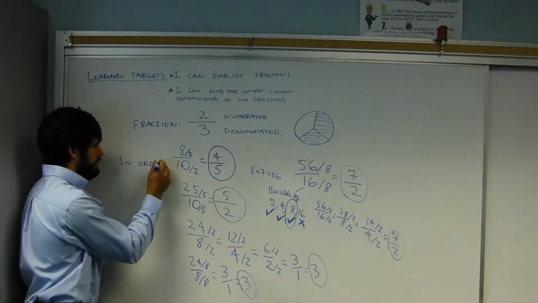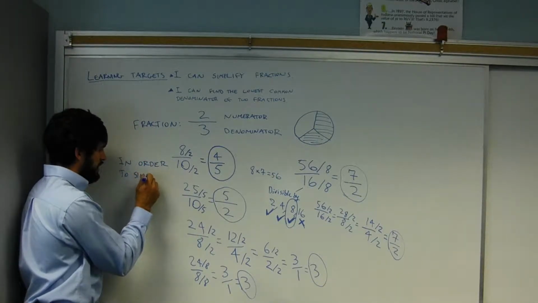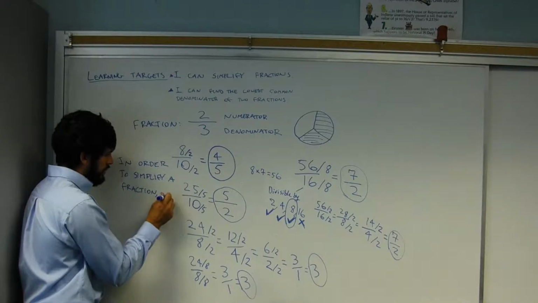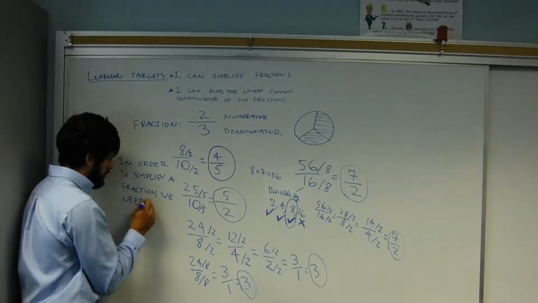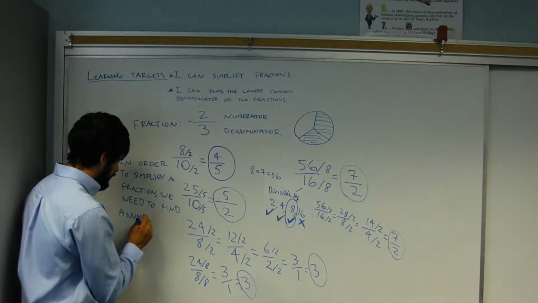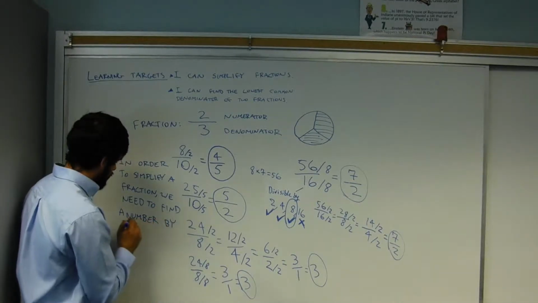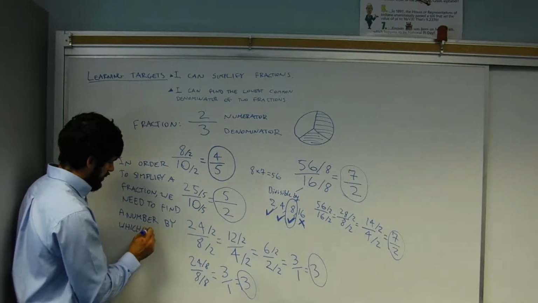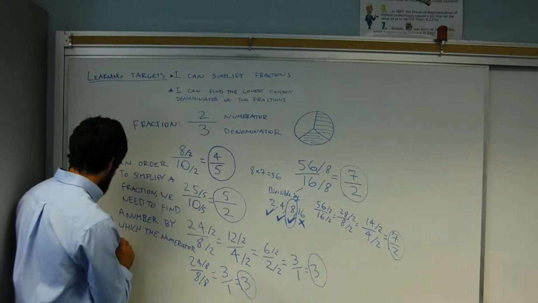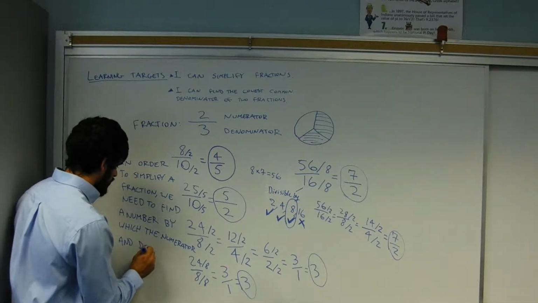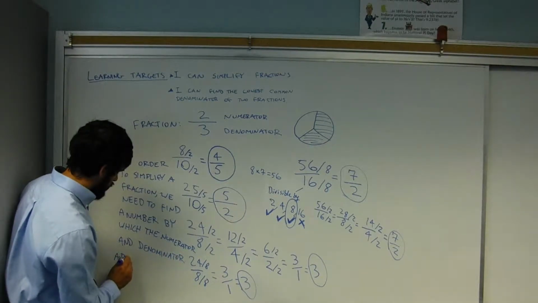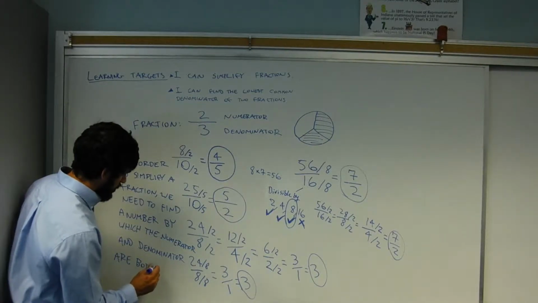In order to simplify a fraction, we need to find a number by which the numerator and denominator are both divisible.